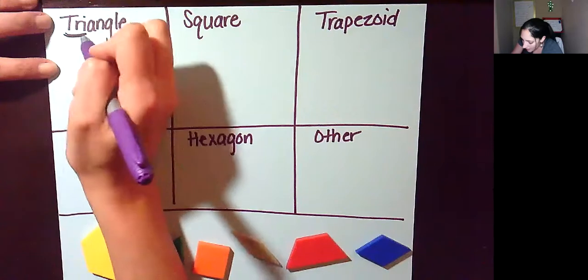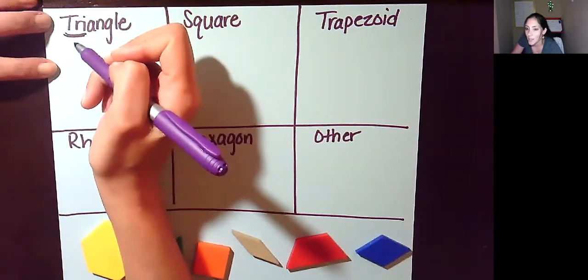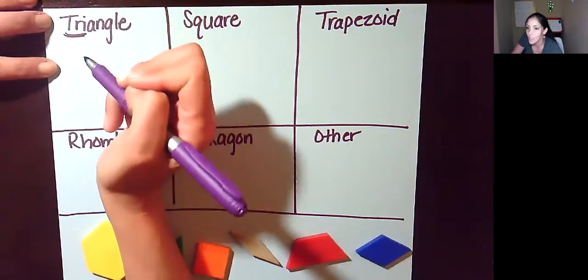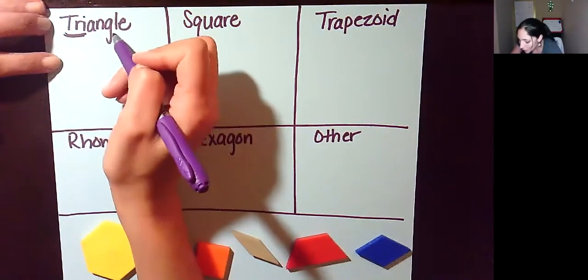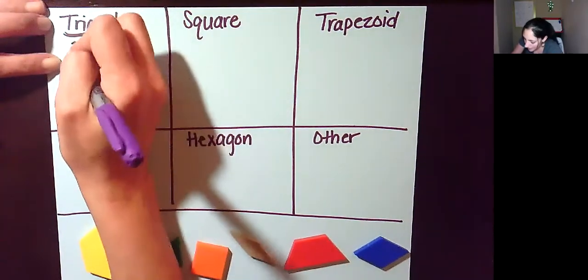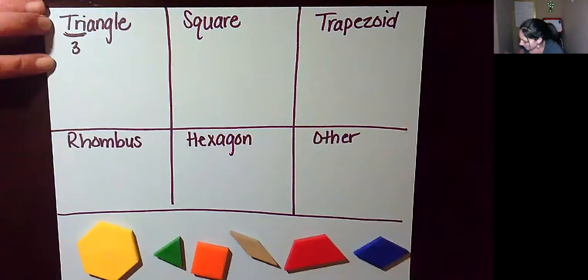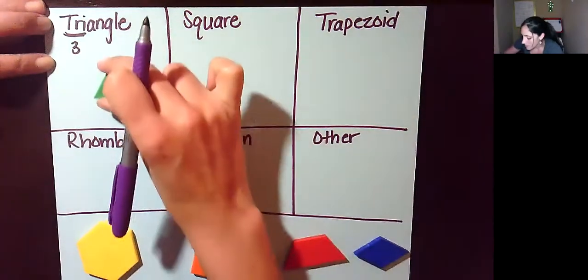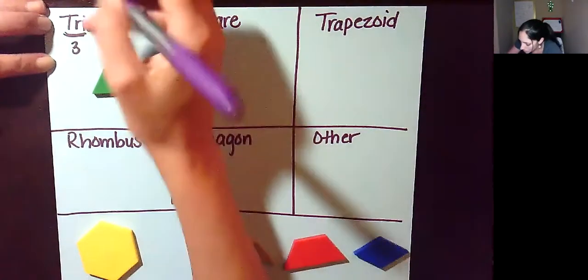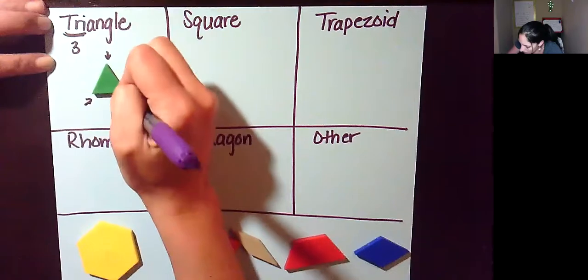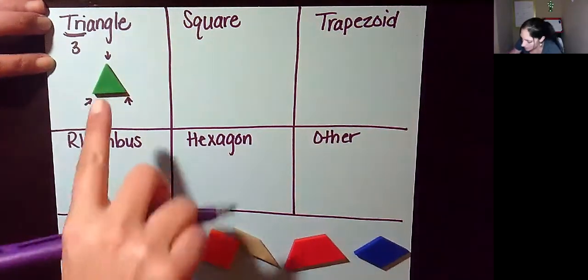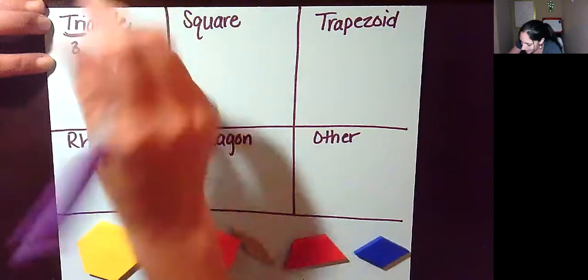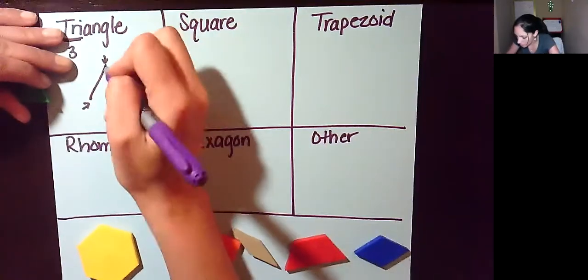Now tri, just like a triceratops has 3 horns and a tricycle has 3 wheels, a triangle has 3 angles and 3 sides. So the only shape on here that has 3 angles, and angles are what we're going to call our corners or our vertices. 3 angles and 3 sides, that is our triangle.